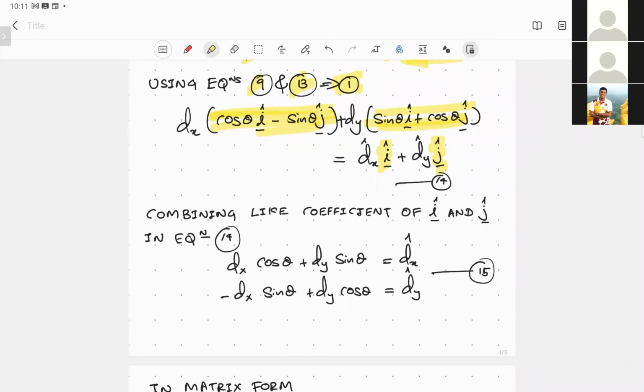What you end up with is, if we consider equation 14 and only the terms corresponding to i hat, we can write d cos theta plus dy sin theta. The terms corresponding to i hat: dx is nothing but d cos theta plus d sin theta.